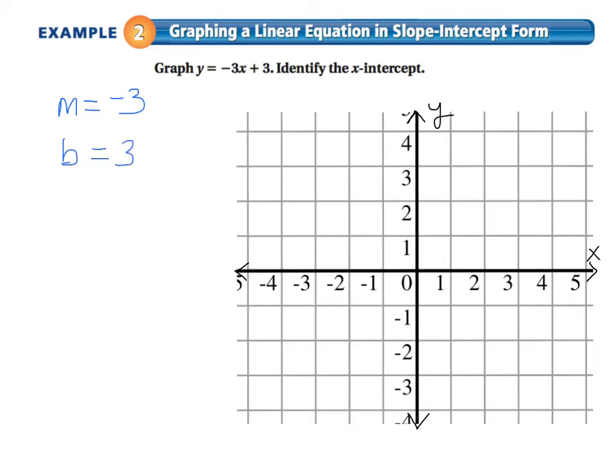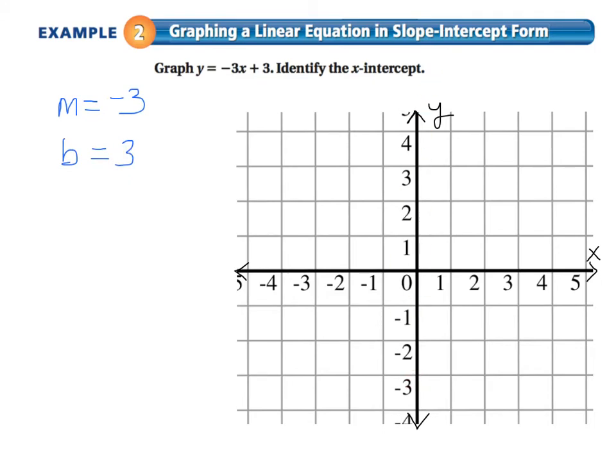The most important thing first is to understand what we are looking at. Well, I know the slope is negative. So because the slope is negative, I know that this line has to go downhill. And it's going to cross the y-axis at 3. So here's the y-axis.